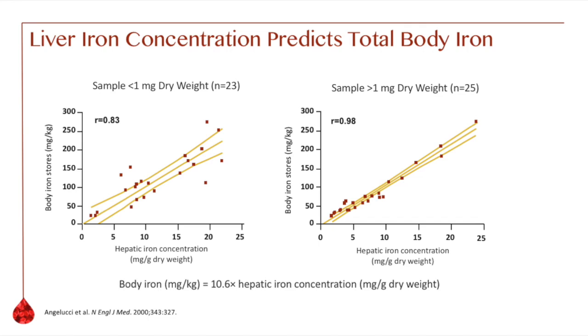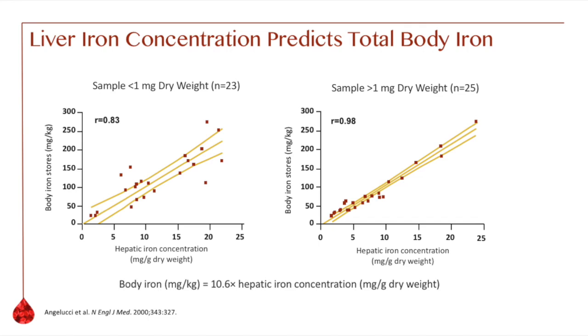Liver biopsy with analysis of tissue iron is the gold standard for assessing total body iron burden. The study shown here assessed the validity of using hepatic iron measurements to evaluate total body iron from 54 patients who had undergone bone marrow transplant for beta thalassemia and who were receiving phlebotomy to remove excess iron. There was excellent correlation between the total body iron removed and the iron concentration determined by liver biopsy.